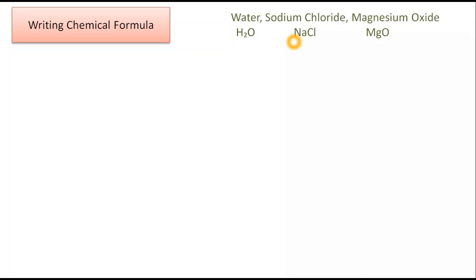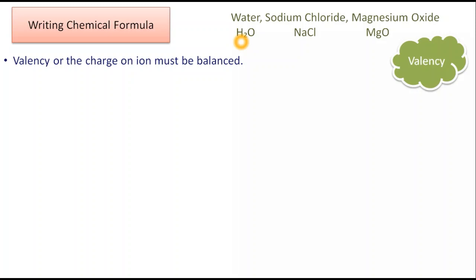Now, if we know the valency of the elements present in a compound, then we can work out the formula of their compounds by balancing the valencies of different atoms which occur in the compound.